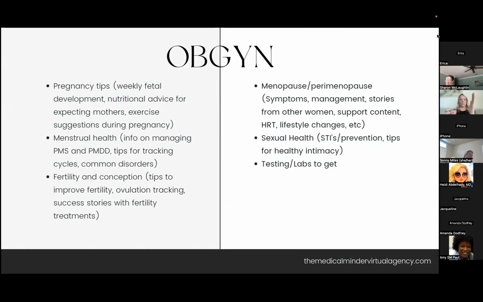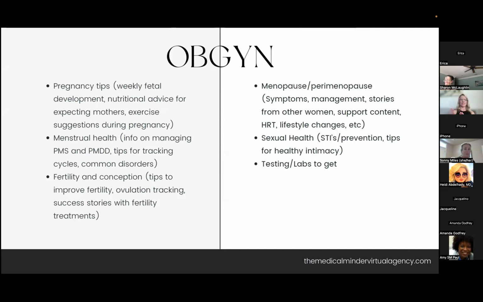Like if you are an OBGYN, but you're more focused on menopause, you can take some of these just for that. Because I know each person has a specific niche within their specialty. But these are just general ones that have done really well with clients and their competitors.